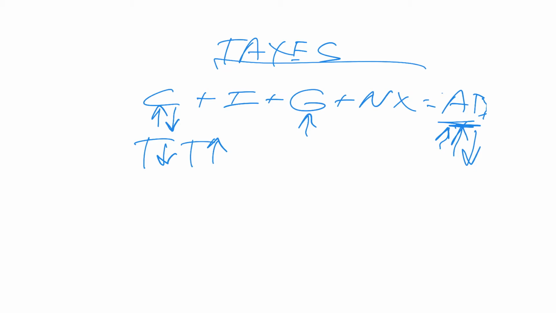Now, it's important to note that the multiplier and crowding out effects are present here. So let's follow this through. Let's say they lower taxes. That increases consumption, which increases aggregate demand.